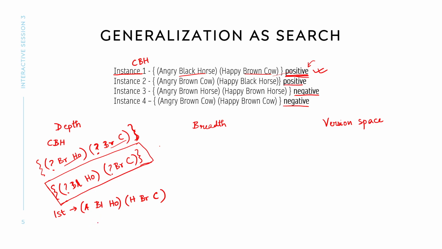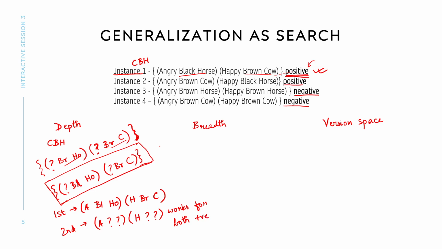From here there's one possibility: I can go for angry and two wildcards, because I see angry is matching in the first card, and happy and two wildcards. So this covers my first and second instance pretty well. This is a generalization which works for both my positive instances.